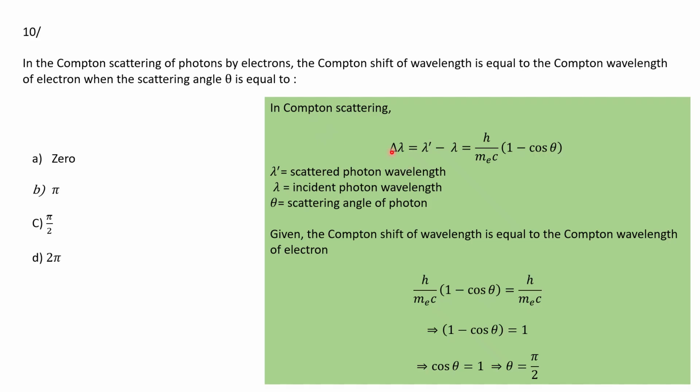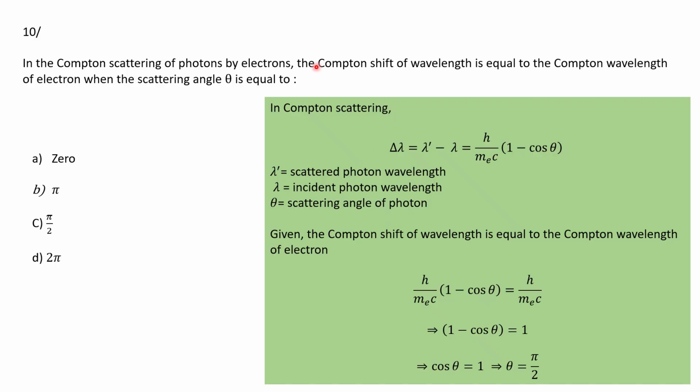Delta lambda, this is the shift in the wavelength: λ' − λ = (h/mₑc)(1 − cos θ). Here λ' is the scattered photon wavelength, λ is the incident photon wavelength, and θ is the scattering angle of the photon.